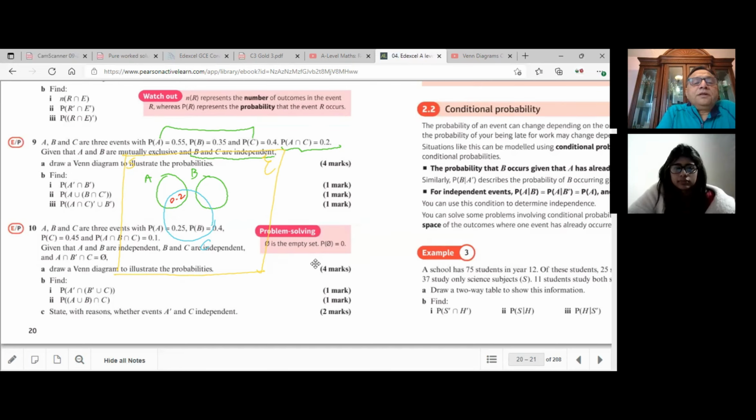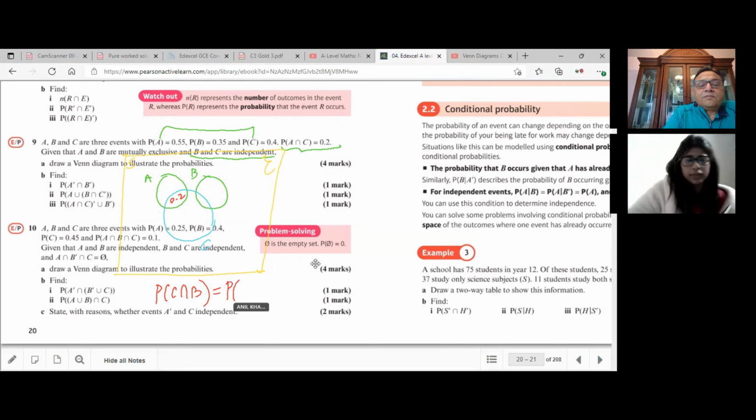And we can from here find the probability of C intersection B. So what is the probability of C intersection B? We are saying the probability of B times the probability of C.